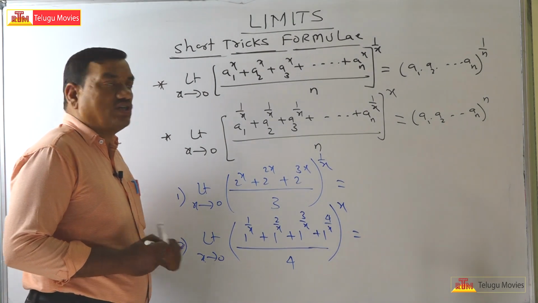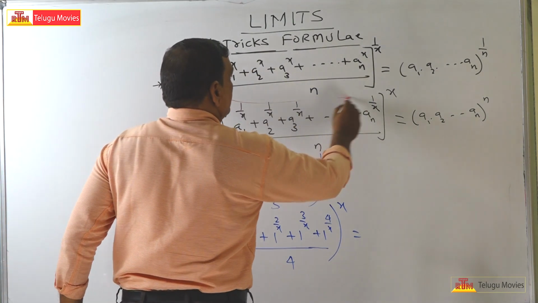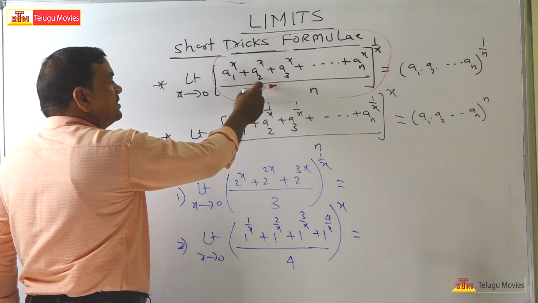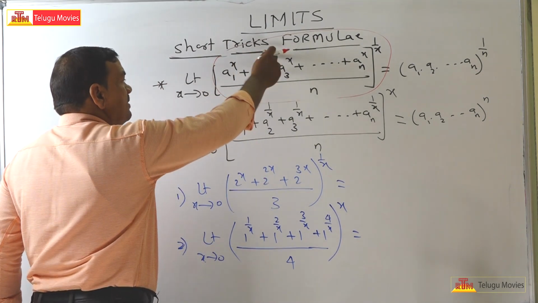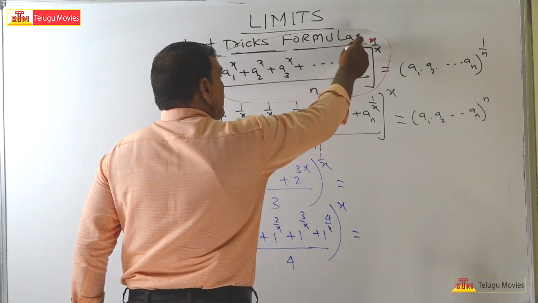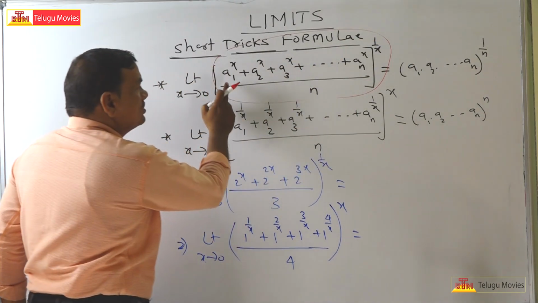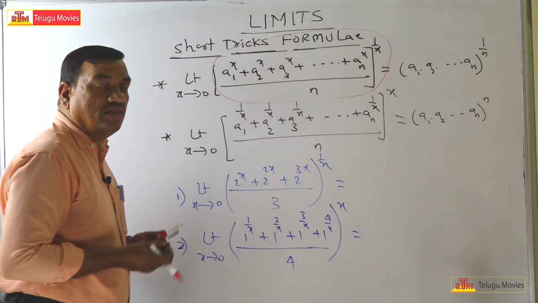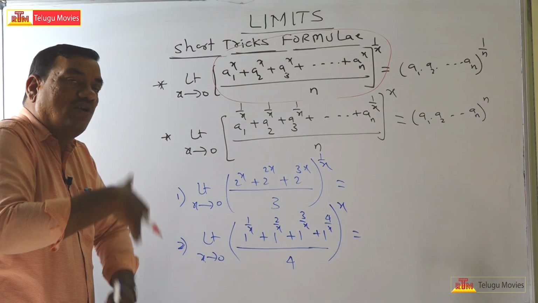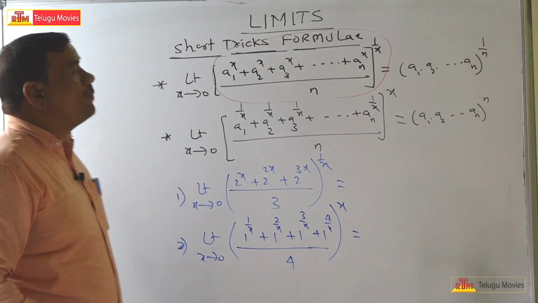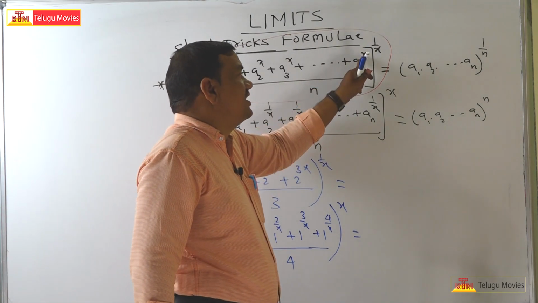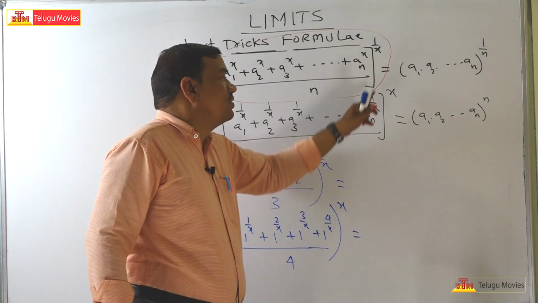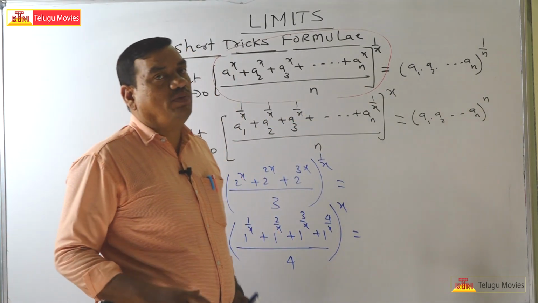If any function is of this form, that means a1 power x plus a2 power x plus a3 power x, and so on up to an power x, whole divided by n. N means what? 1, 2, 3, so on n terms are there in the numerator, therefore the denominator is n, whole power 1 by x. If it is x in the power, then whole power 1 by x should be there. If it is 1 by x in the power, then x should be there, in reverse order.